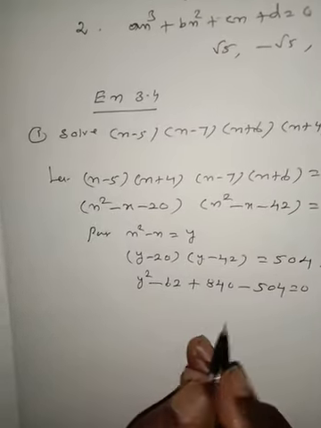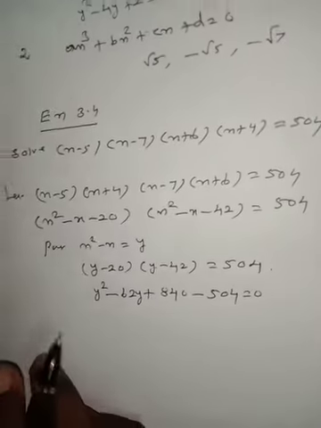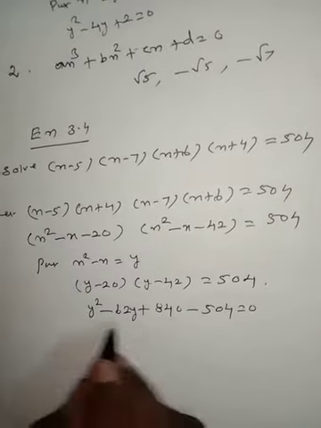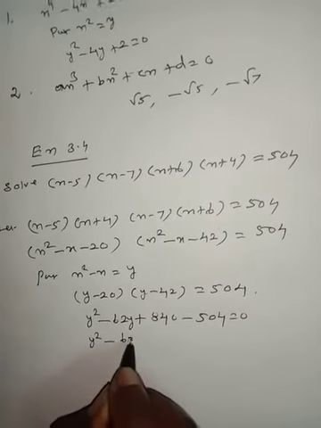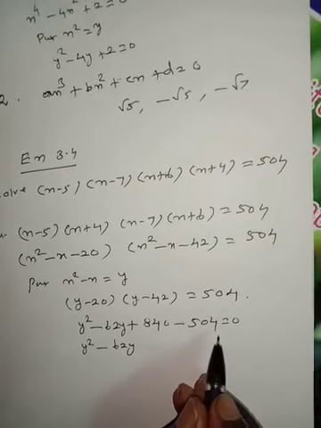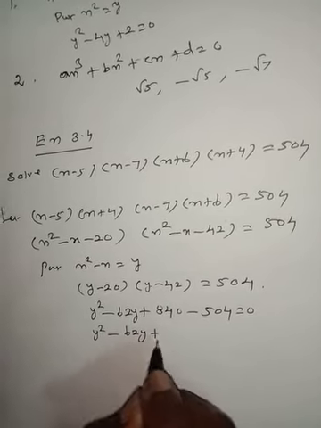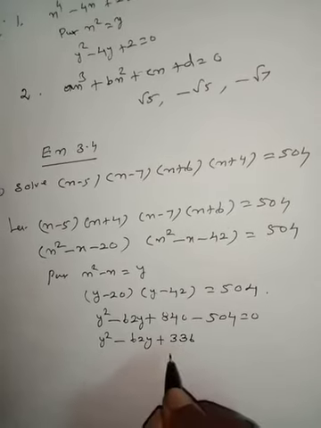Now y square minus 62y plus 840 minus 504, that is 336, is equal to 0.